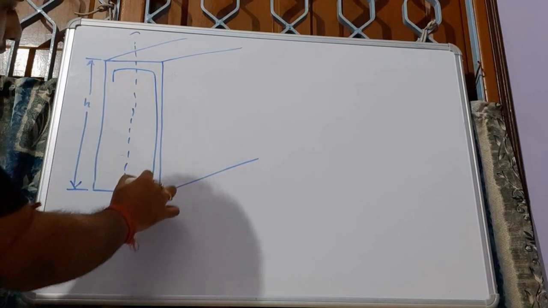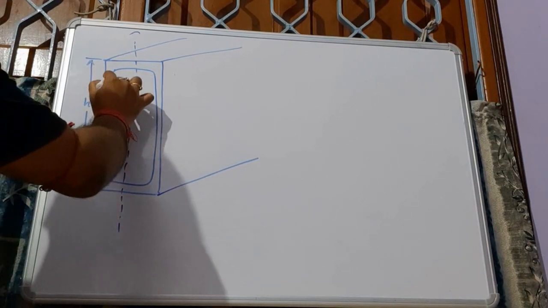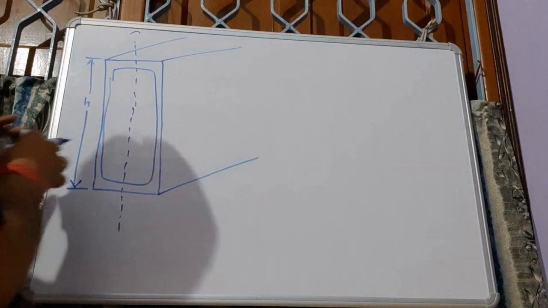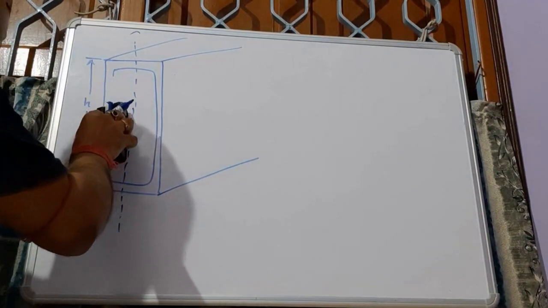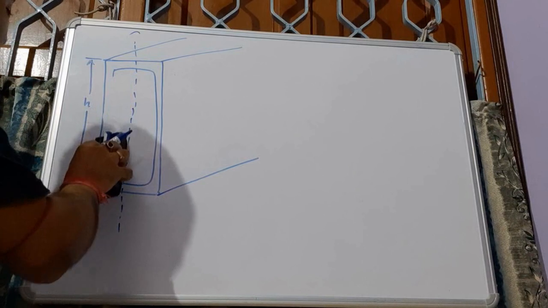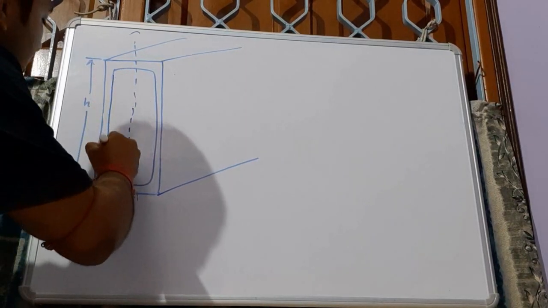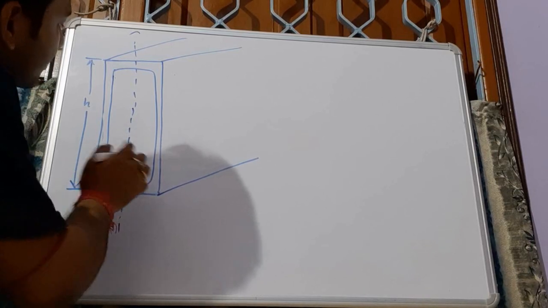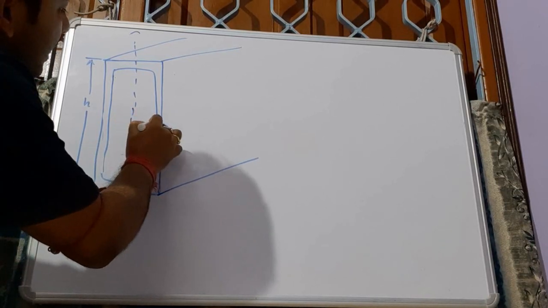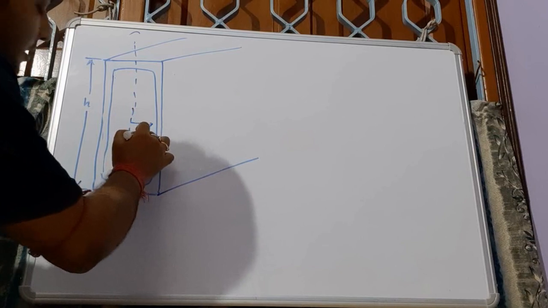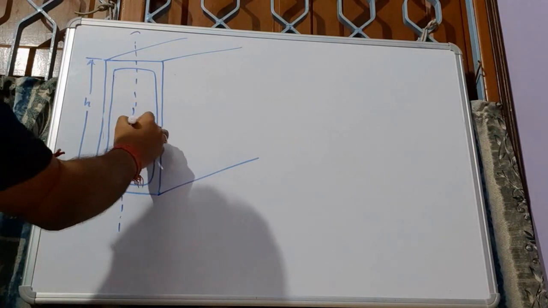Suppose this is a closed loop path, and from the center the distance is, say, x.